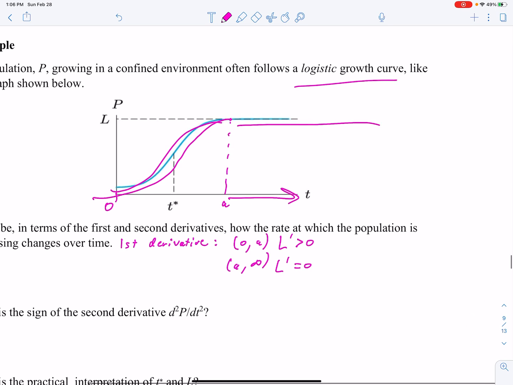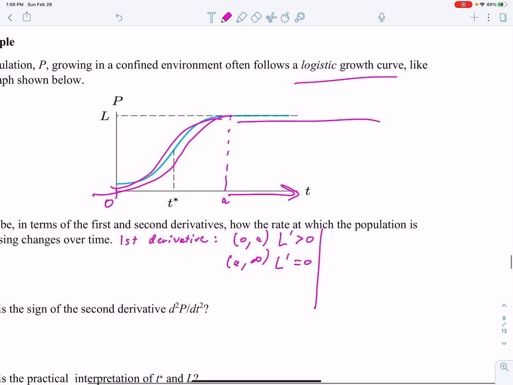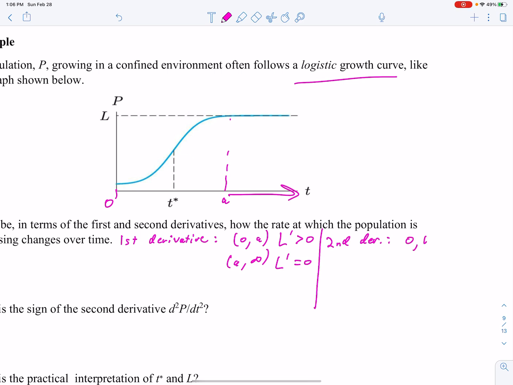Now, I'm going to squeeze it in here. Second derivative. Using these intervals, remember, the second derivative tells us about concavity, so curvature. From 0 to T star, what is that curvature?